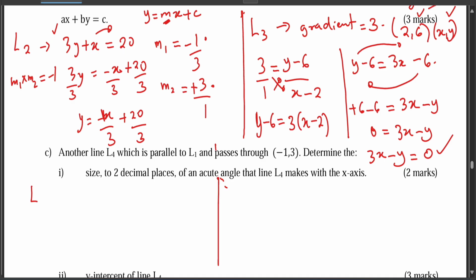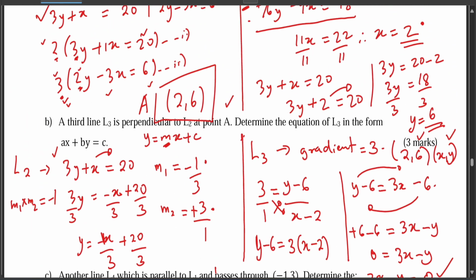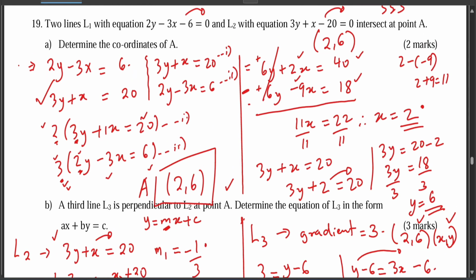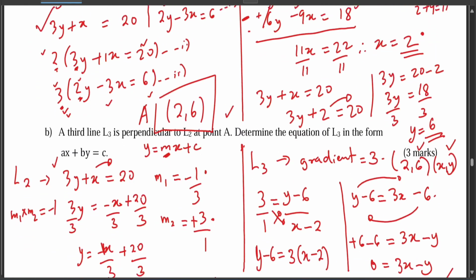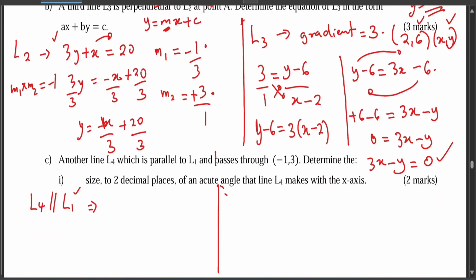So L4 is parallel to L1. So let's now search for L1 mwanzo, kwa sababu L4 hatuna. L1 yetu tuliandika mahali tukasema ni 2y minus 3x is equal to 6. Right. L1 tulisema ni 2y minus 3x is equal to 6.